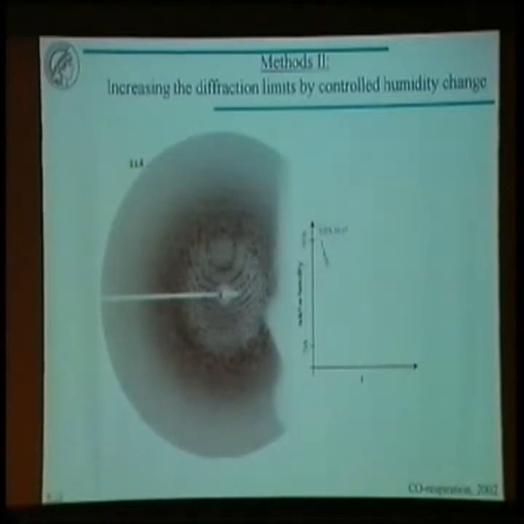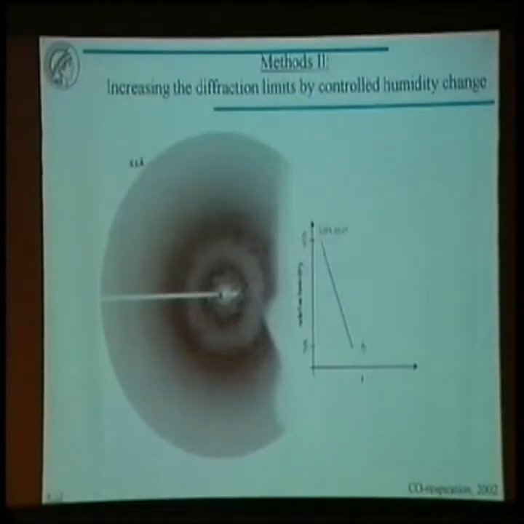So we vary the humidity gradually and look at the diffraction pattern. Now it disappears again, and suddenly you see the high resolution diffraction appears, and then we dry out more, we lose diffraction again.